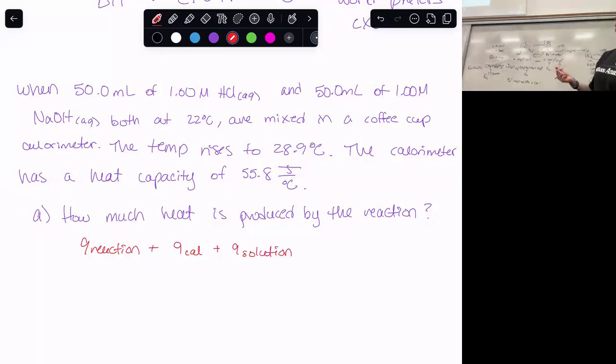And what is that going to equal? Yep, it'll equal 0, right? So all of this stuff together will equal 0 because something is going to be exothermic, something's going to be endothermic. Heat's going to be transferred, and at the end of the day, the reaction, the calorimeter, and the solution will all add up to 0.